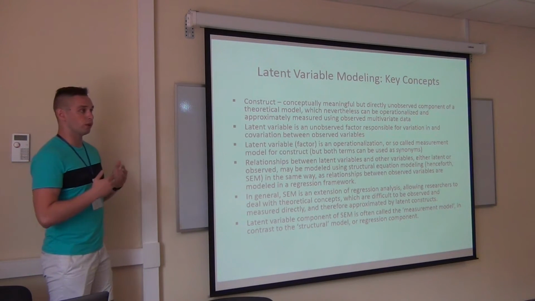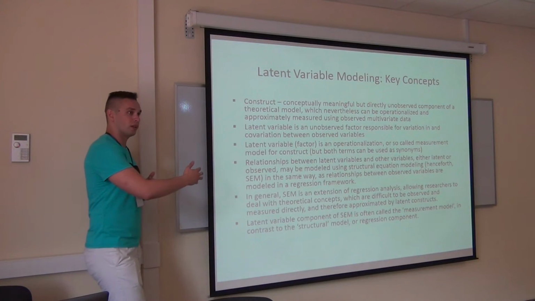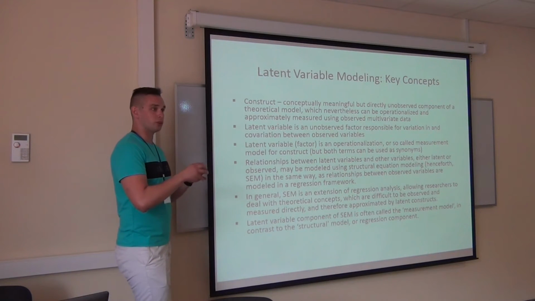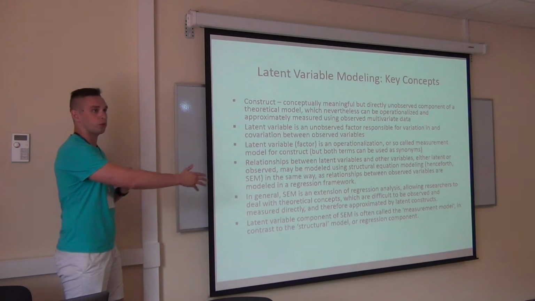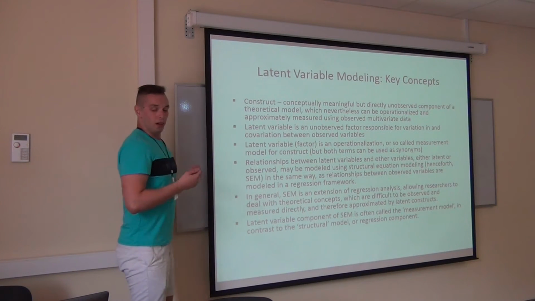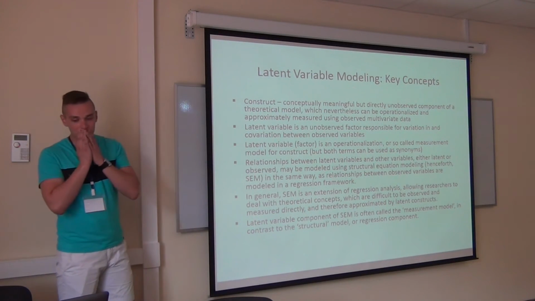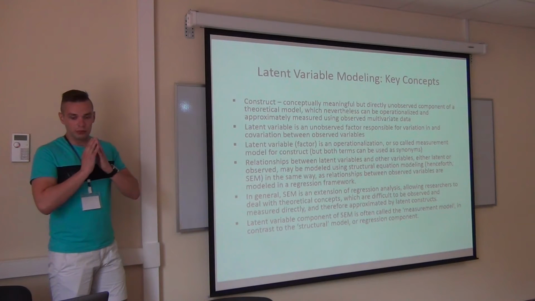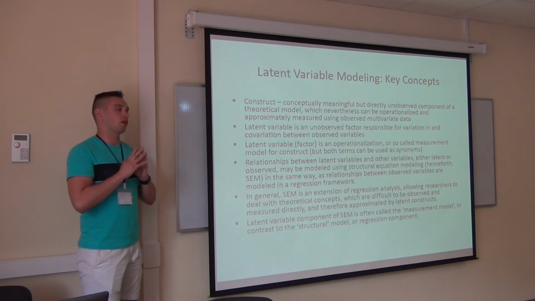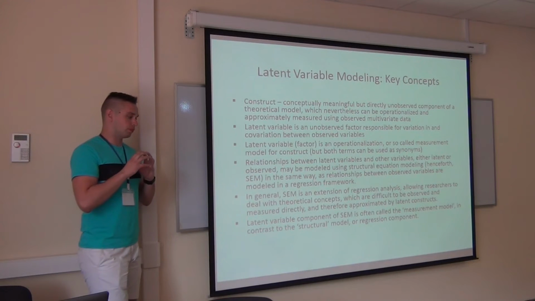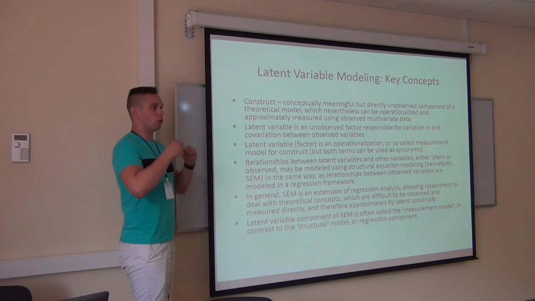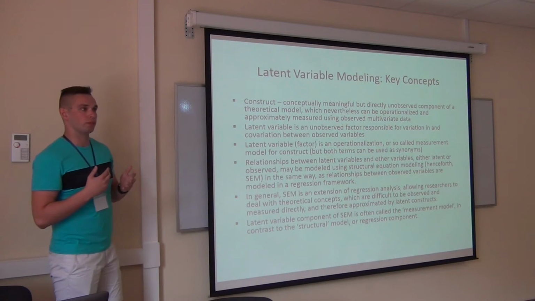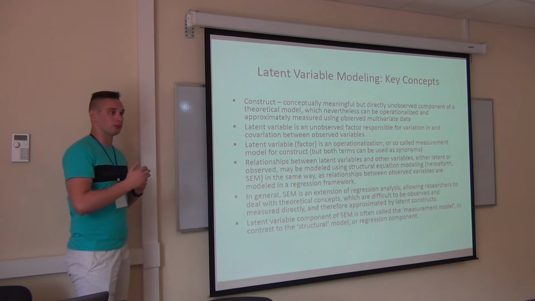We need to give a variety of tests, and the average of all these tests will give us an approximation of the power of personal intelligence, right? So latent variable is not only a broad concept that can be measured using different variables.